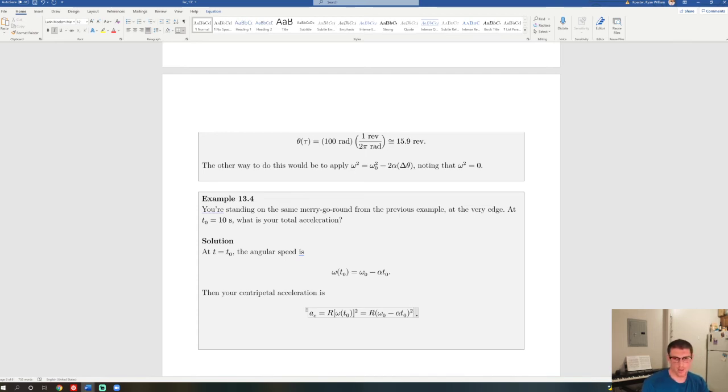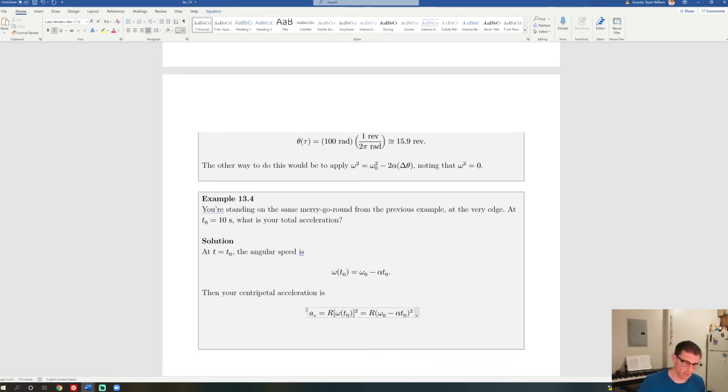Now, this is where it can get a little bit tricky, because if we want to find the total acceleration vector, we need to make sure that we're being very careful about the directionality of all these vector quantities, right? Because the centripetal acceleration is a vector, and the tangential acceleration is also a vector.